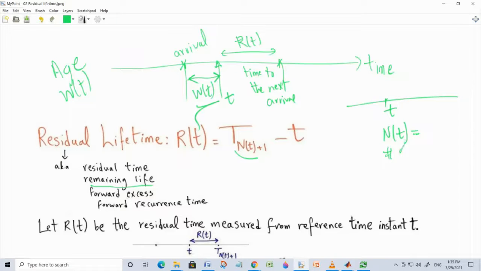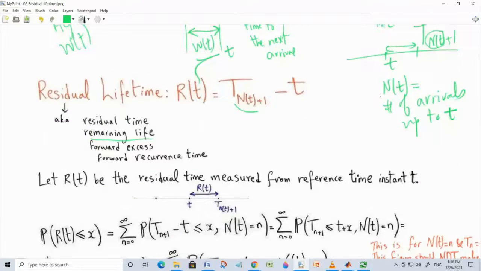Okay, so this is the number of arrivals up to t. So you ask yourself, what is the difference between T of big N of t plus 1 and t? So if N of t is the number of arrivals at t, we ask about the immediately next arrival, big T of N of t plus 1 minus t. So this will be the residual time. Okay.